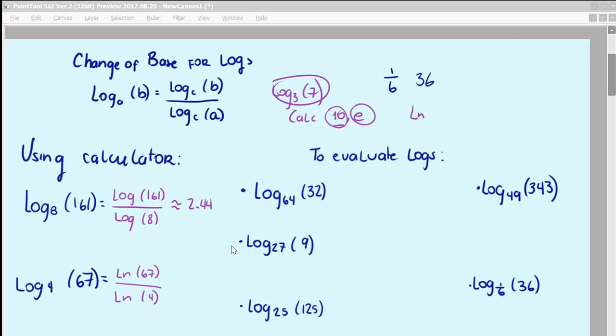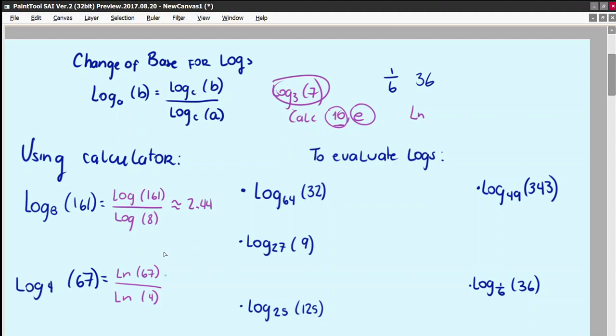And if I plug this into the calculator, this is going to give me approximately 3.04.